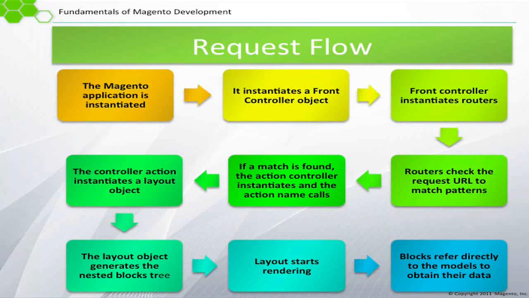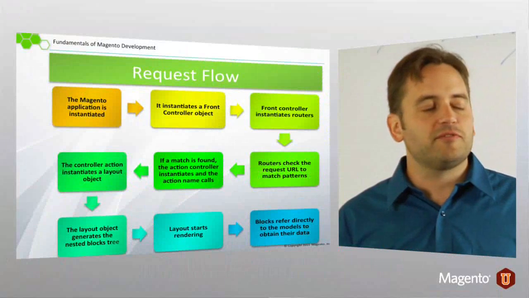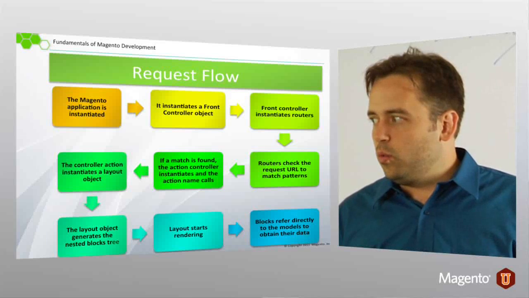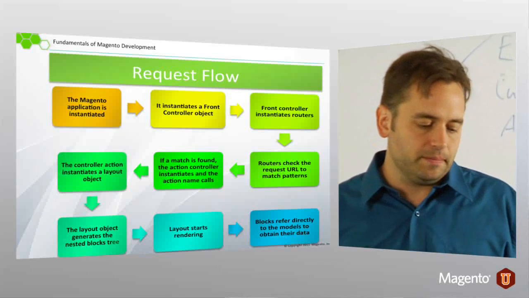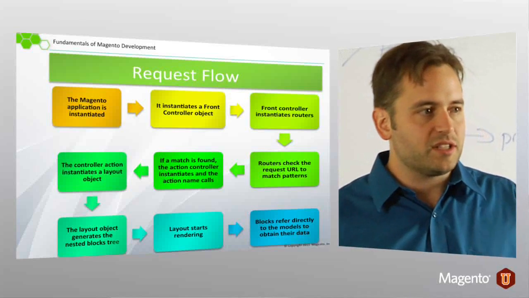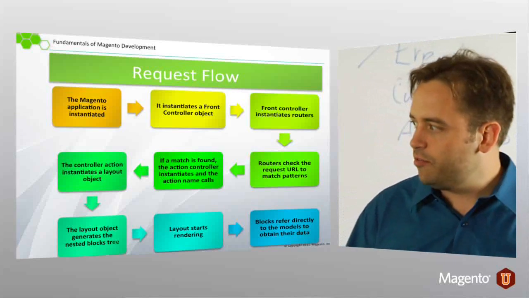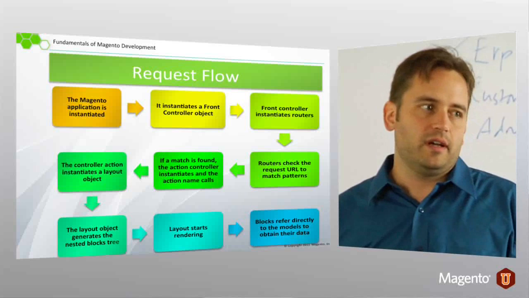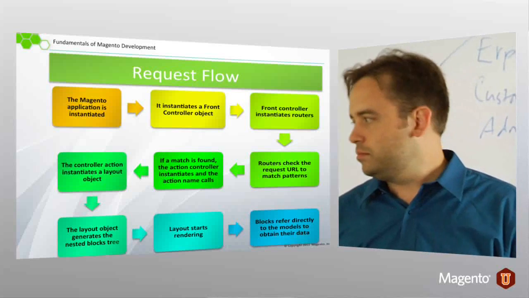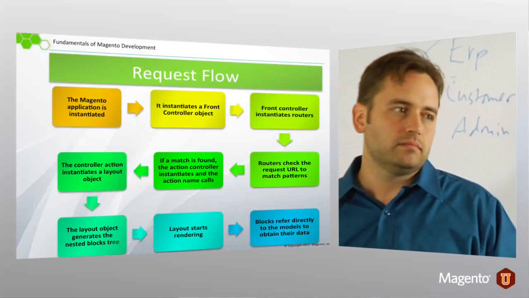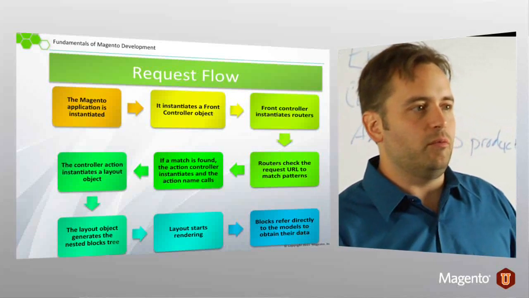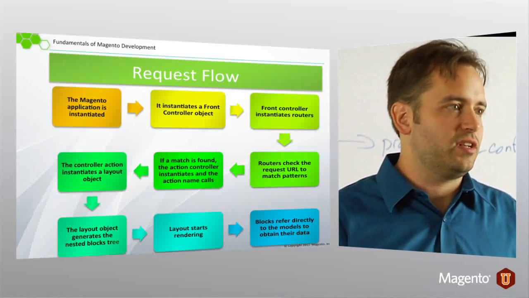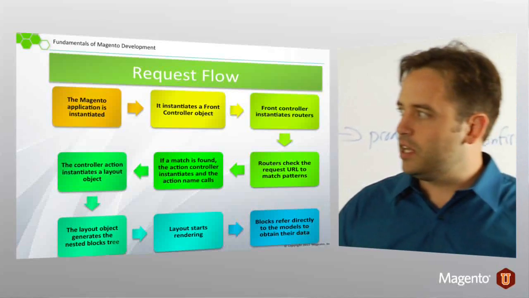And if we specify in our controller, we will generate all of the blocks that we need based on layout configuration, and then we render them. Okay, that's an overview. We'll be getting our hands on this, I believe, starting with the end of this lesson.